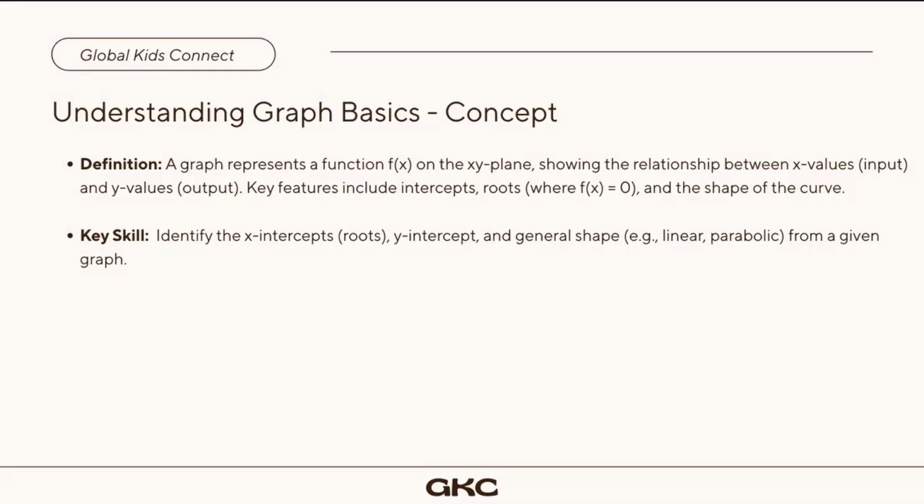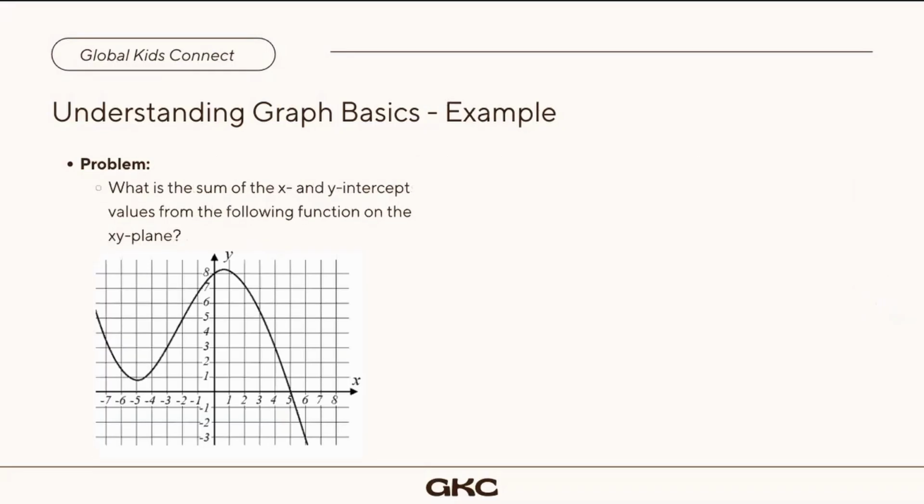Key features include intercepts, roots, where the f of x or the y value equals 0, as well as the shape of the curve. A couple key skills are identifying the x-intercepts, also known as the roots, the y-intercept, and the general shape of the graph. We'll move on to our first example question, a simple one.